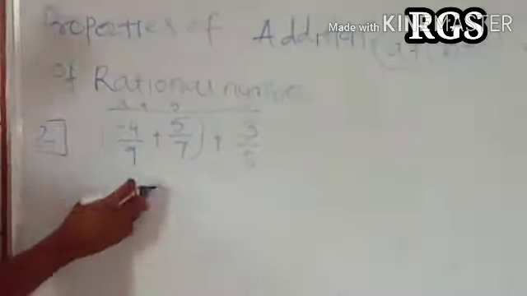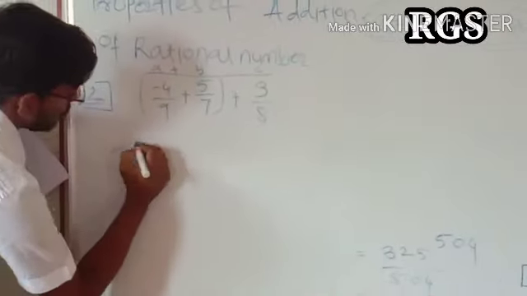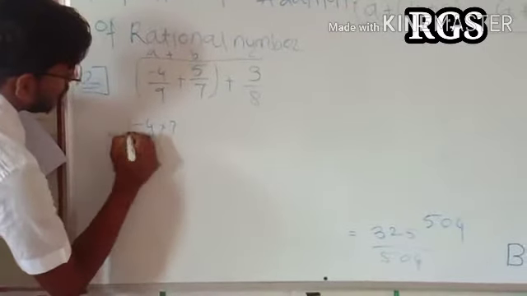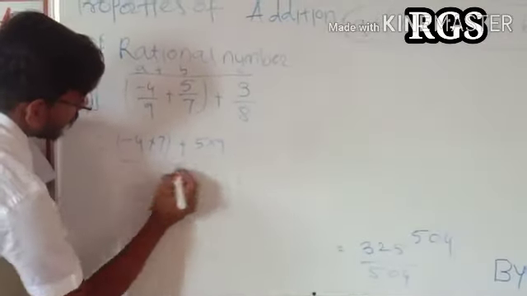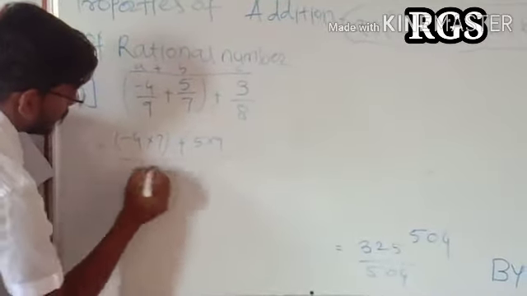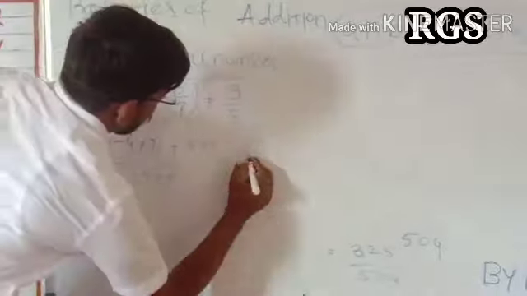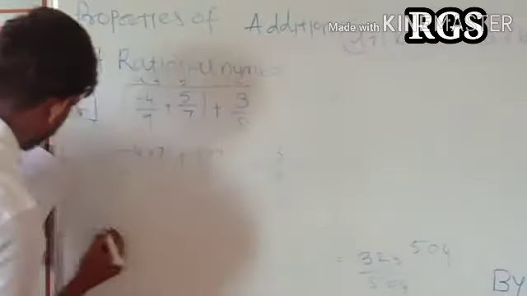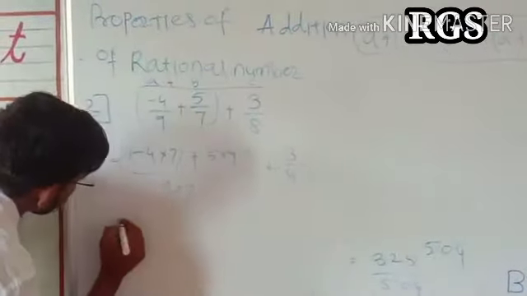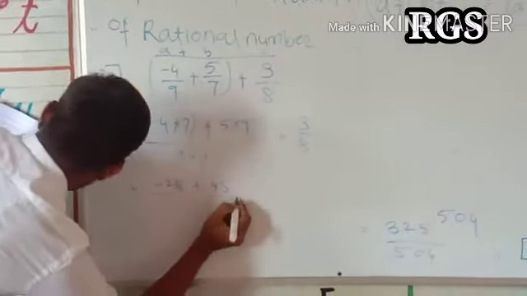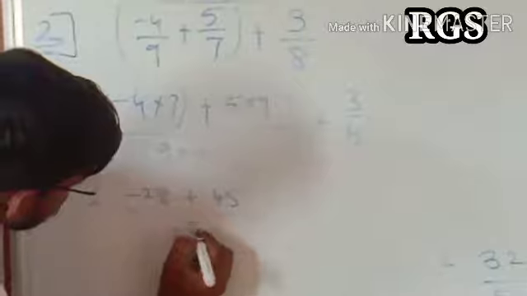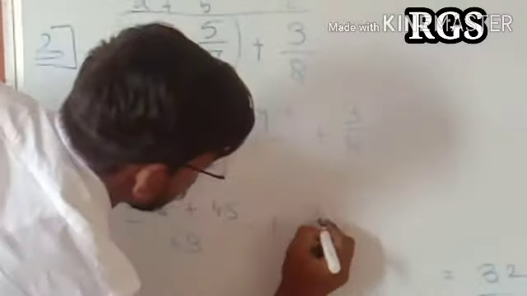It is for your simplification. Now we solve this equation. Minus 4 into 7 plus 5 into 9 divided by 9 into 7 plus 3 upon 8, that is minus 28 plus 45, 9 7s are 63, plus 3 upon 8.